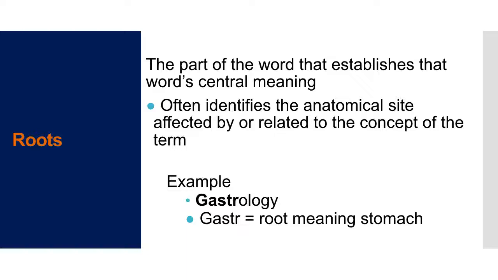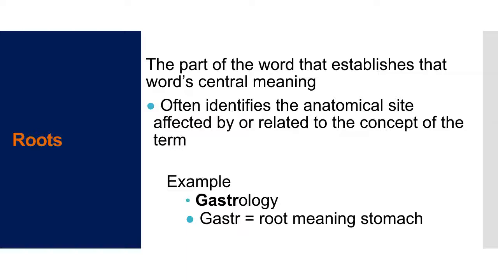Let's look at this example, gastrology. In this particular case, gaster is the root, even though it's at the front of the word, and that refers to the stomach. Then you're going to learn the suffix ology, which means to study. You now know that gastrology is the study of the stomach.